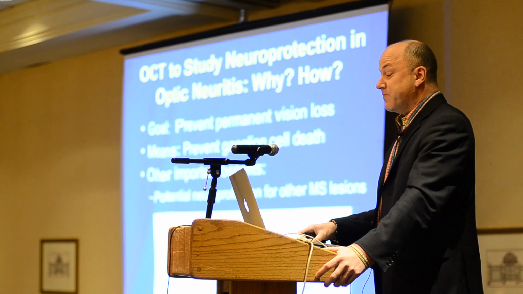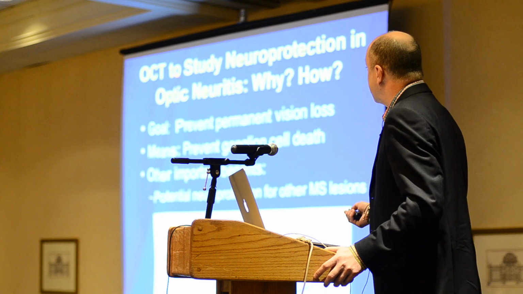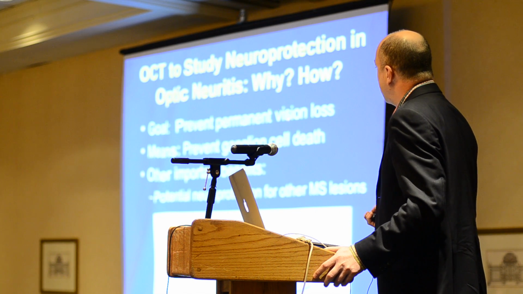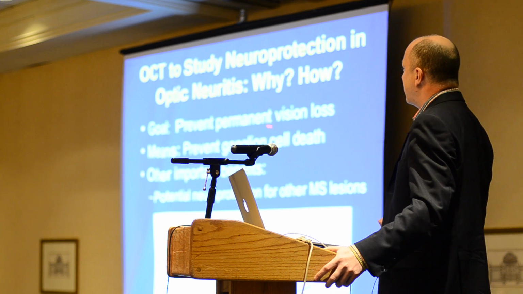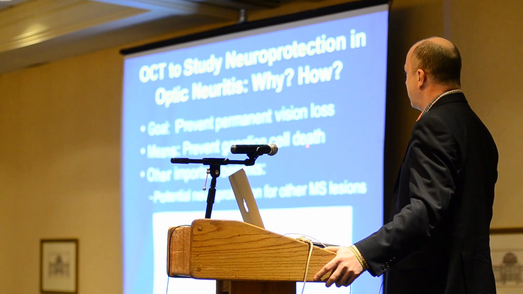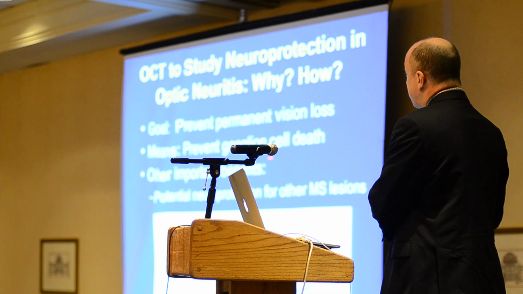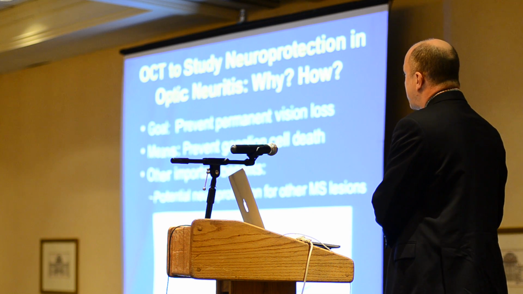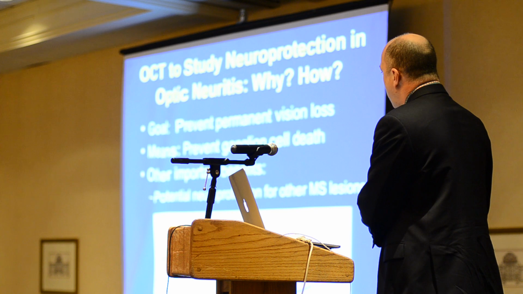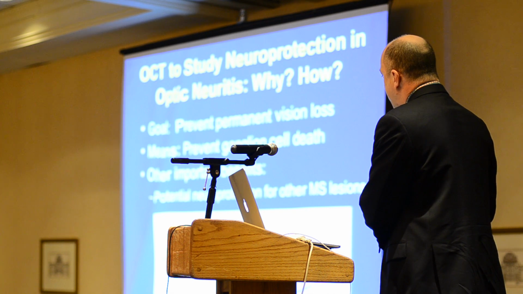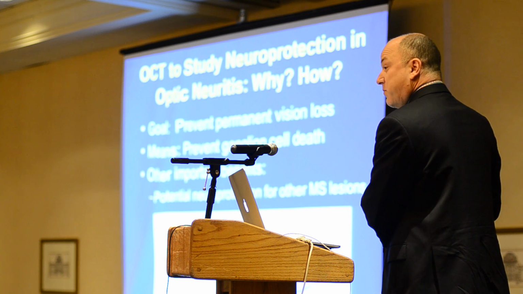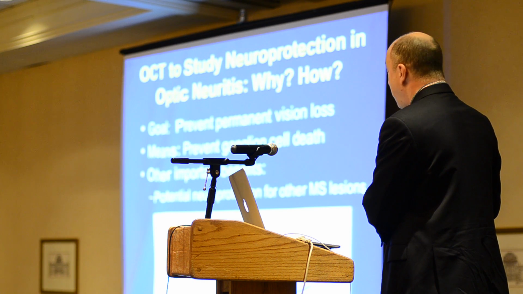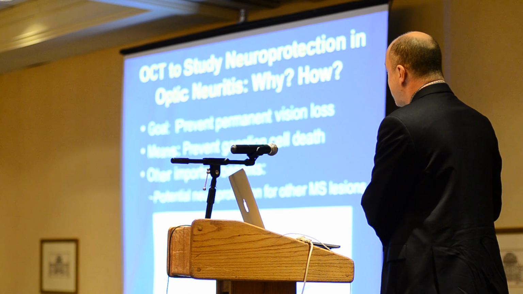Finally, I mentioned neuroprotection as a reason to use OCT. And the goal is to prevent permanent vision loss by protecting these ganglion cells from dying. And the other important benefit is if we find something that's neuroprotective in the eye, that is, we're all losing in disease our retinal ganglion cells here, we want to give a drug that makes this slope milder, so that over time you're losing less and less neurons.